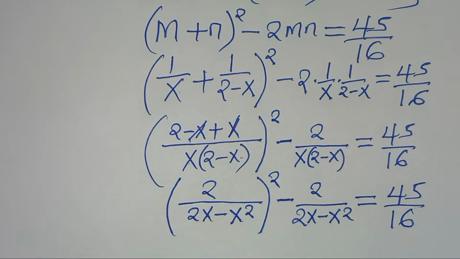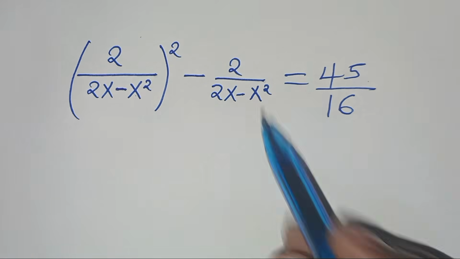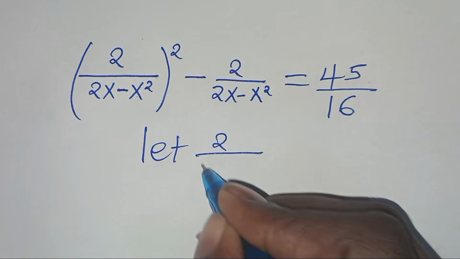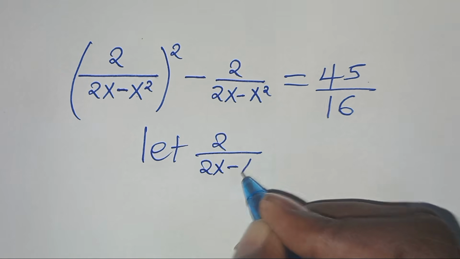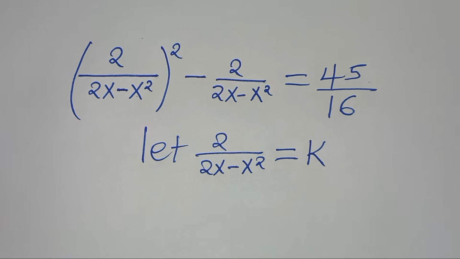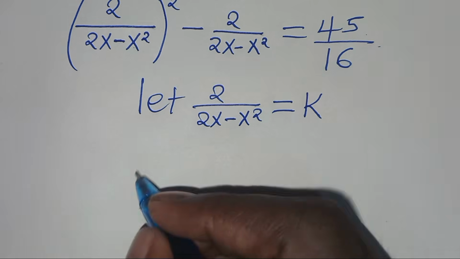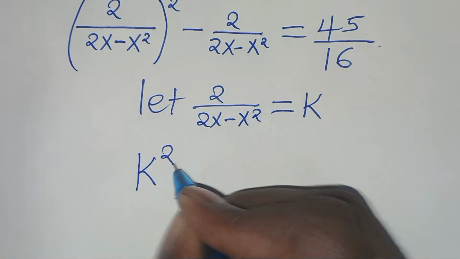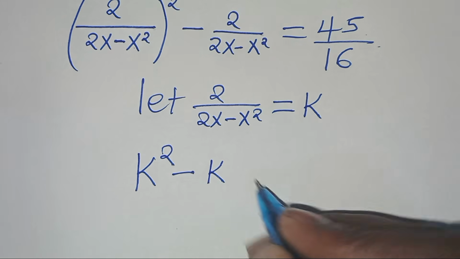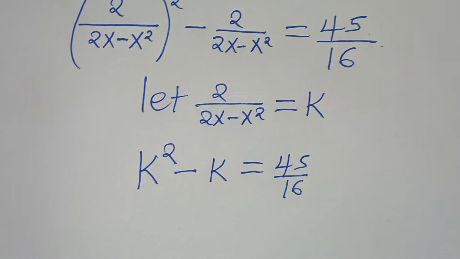Now 2 over 2x minus x squared is common here, so we can let 2 over 2x minus x squared be equal to k. Expressing this equation in terms of k, we have k squared minus k equal to 45 over 16.